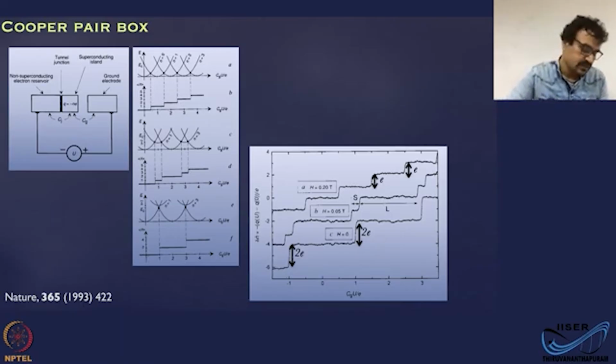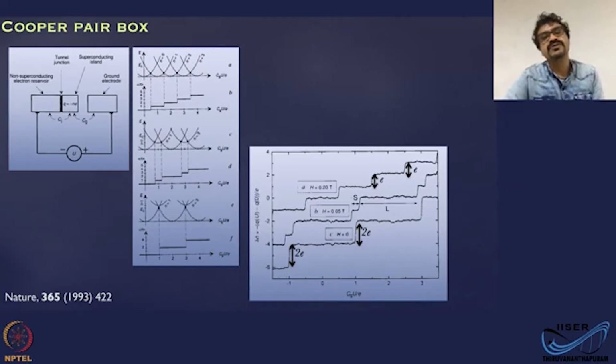That is equivalent to doing that. You have a series of parabolas, and these are charge degeneracy points. In the normal state, and when you have a superconducting state, these alternate parabolas, which correspond to an odd number of electrons, will have higher energy because those are not accessible.